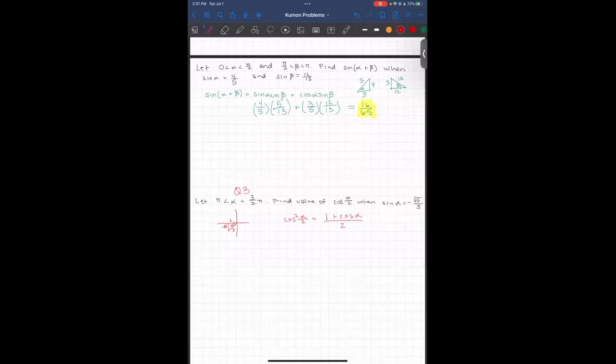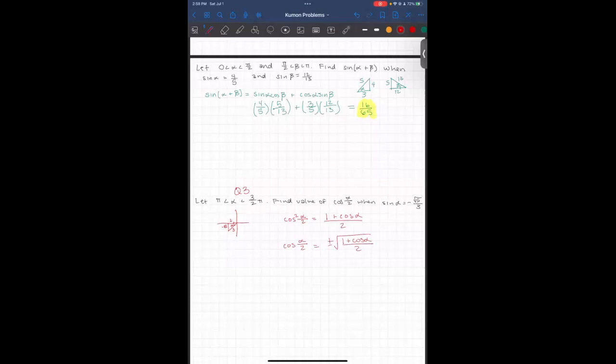So if we wanted to just solve for cosine alpha over 2, it's equal to plus or minus the square root of 1 plus cosine alpha over 2. And this is probably the version of the half angle formula that you're used to seeing.